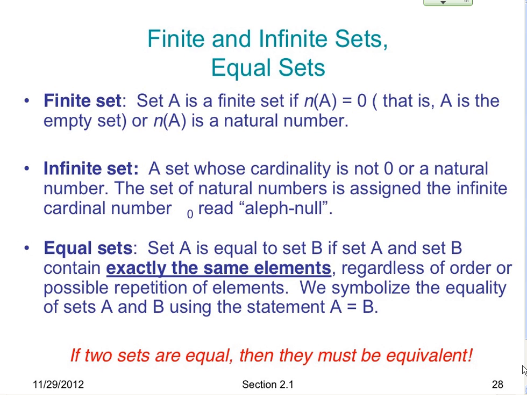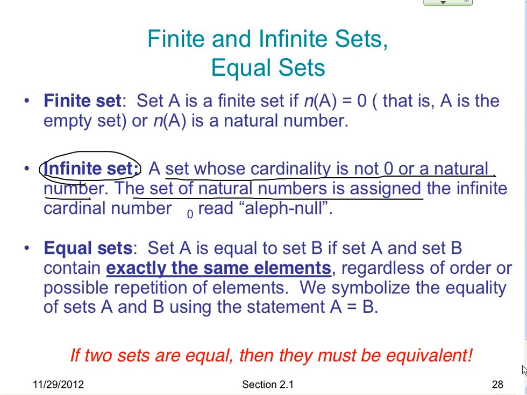A finite set. Set A is a finite set if the cardinal number, if n of A is equal to 0. So if A is the empty set, so that means a finite set, or if n of A is equal to a natural number. An infinite set, a set whose cardinality is not 0 or a natural number.